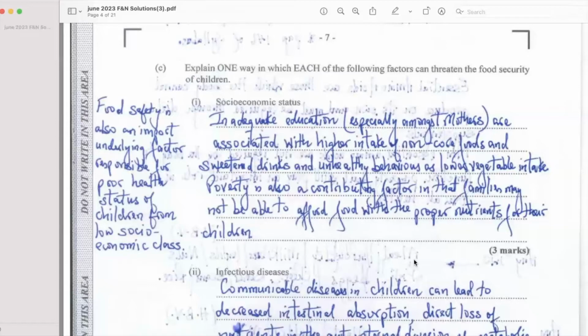So poverty will definitely play a part here. They say poverty is also a contributing factor, that the family may not be able to afford food. And because they can't afford food, they have limited resources of nutrients going into the child's or children's bodies. So that is a socioeconomic factor.